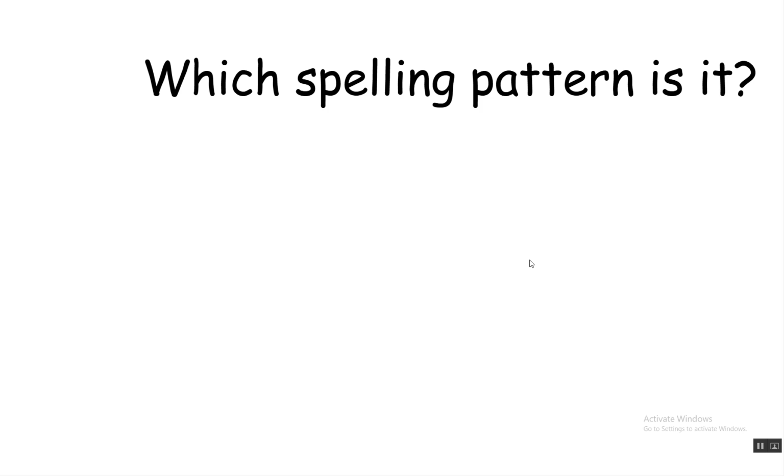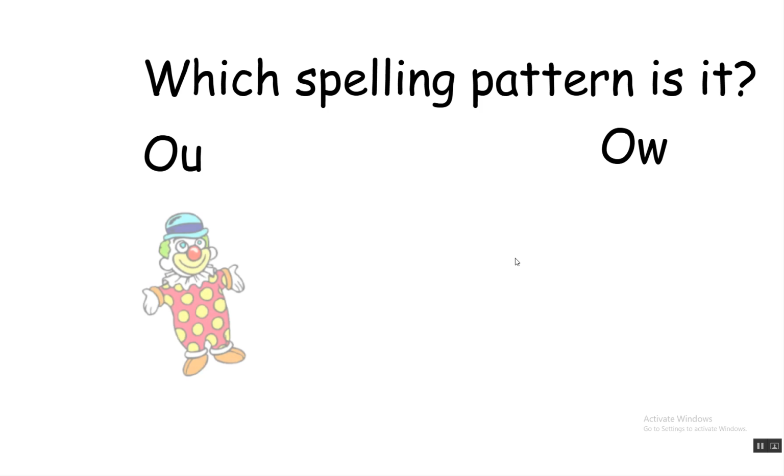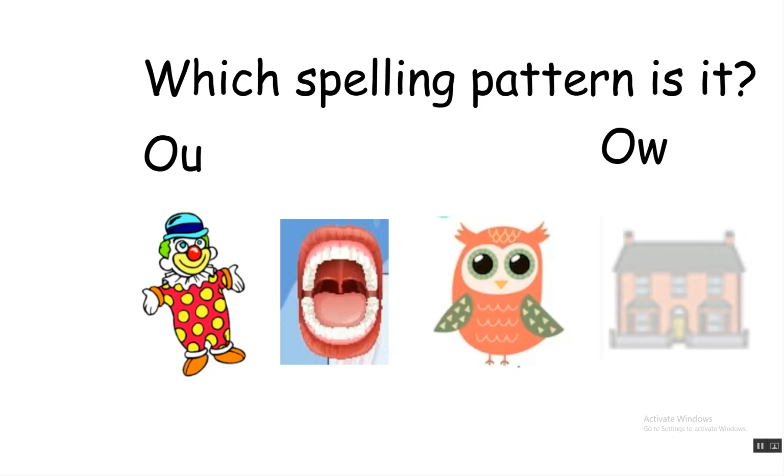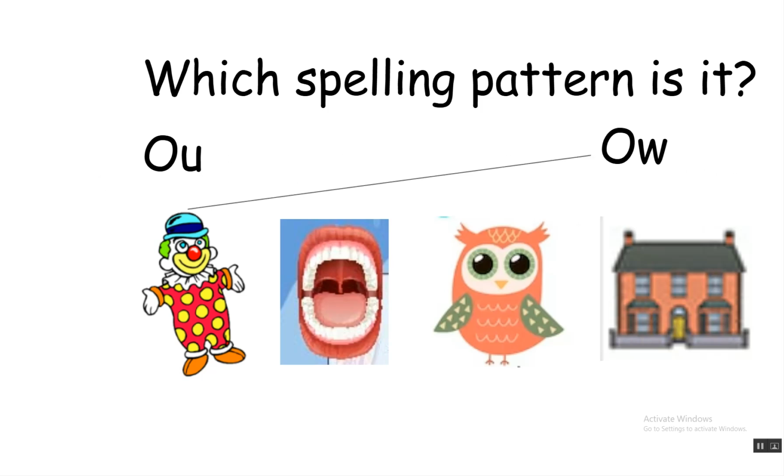Which spelling pattern is it? Ow or ow? Clown, mouth, owl, house. Which spelling pattern is for clown? Clown, so that ends with an N, so it must be the OW.